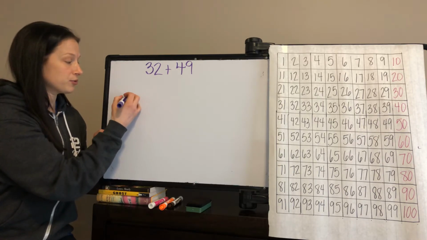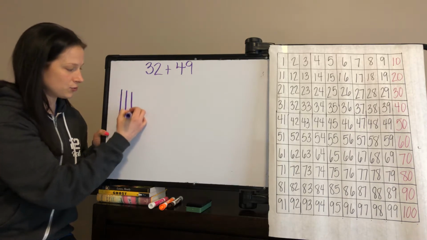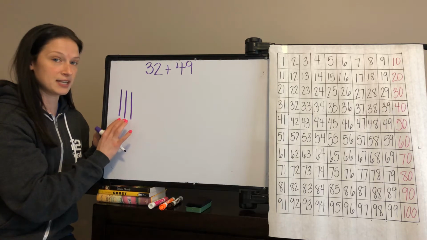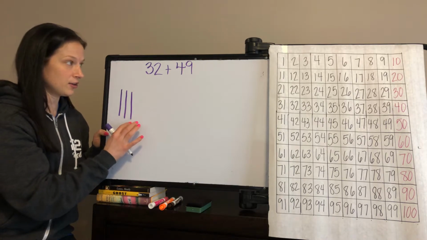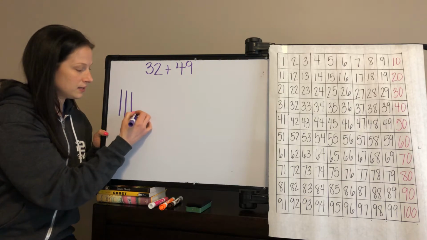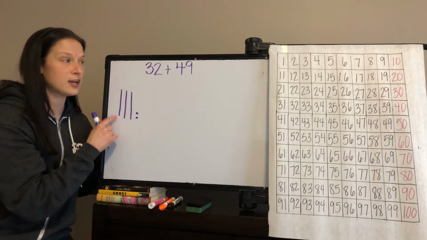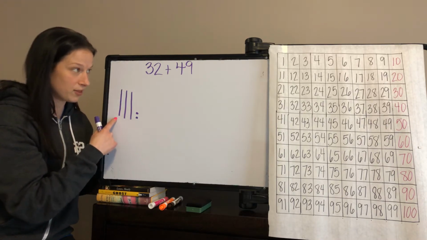If we have 3 groups of 10, we have 1, 2, 3 strips, and this represents 10, 20, 30, and then we use singles here. These strips represent 10 singles all together. To draw them quickly, we draw one long line.